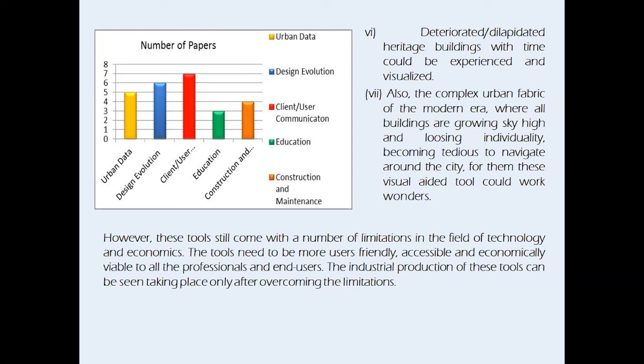So this graph shows all the 25 papers, and the number of works and research done in each of the categorizations: urban data, design, evolution, client, user, communication, education, construction, and maintenance.